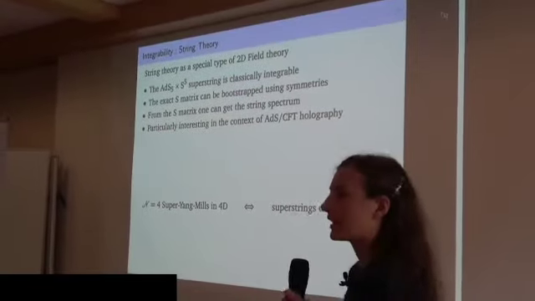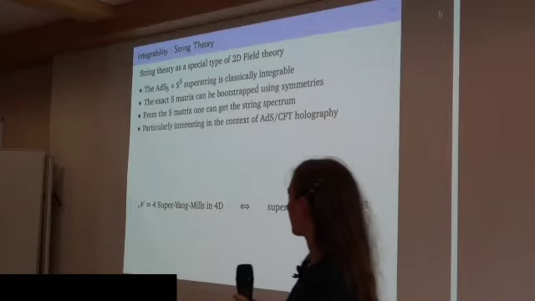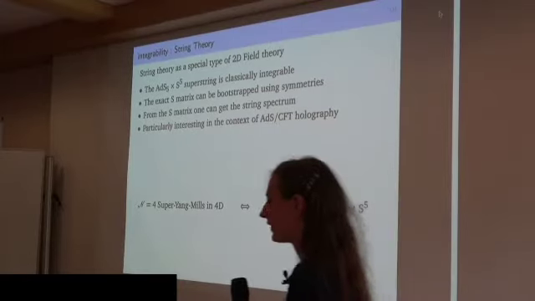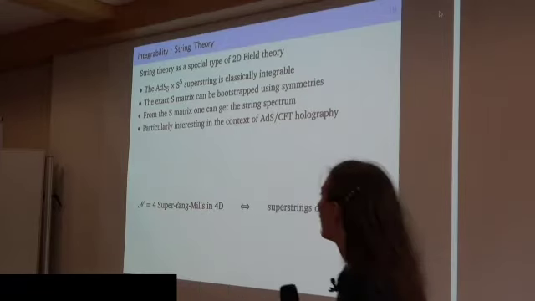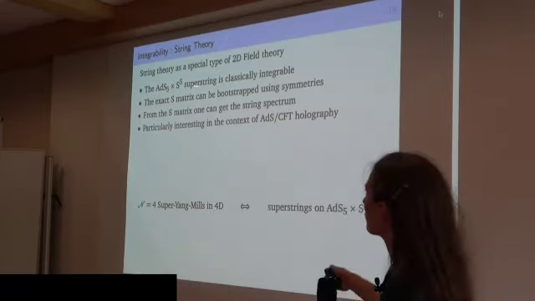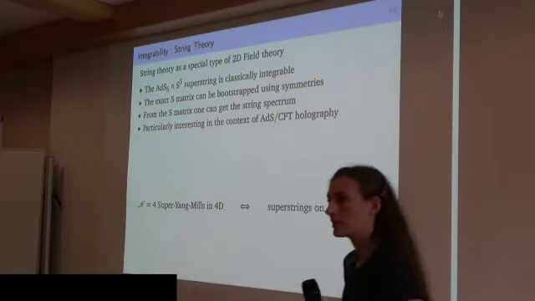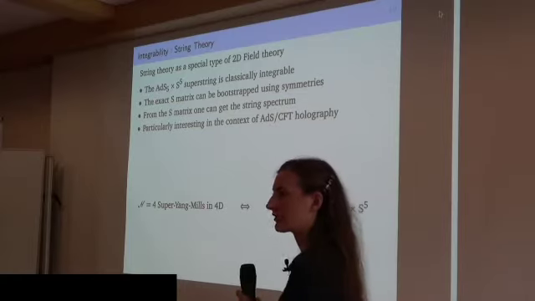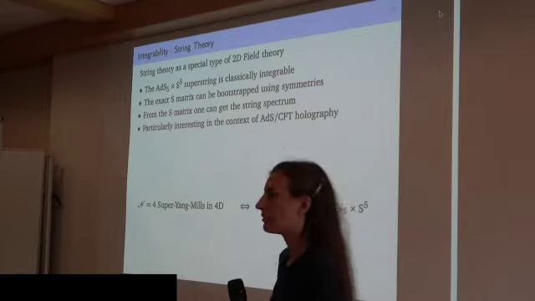So I have mentioned that integrability techniques can be used in order to obtain physical observables in this setting of AdS5 x S5. And now you could wonder whether it's possible to also do all these steps in the case where you have fewer supersymmetries, when you deform AdS5 x S5, and this actually turns out to be possible.